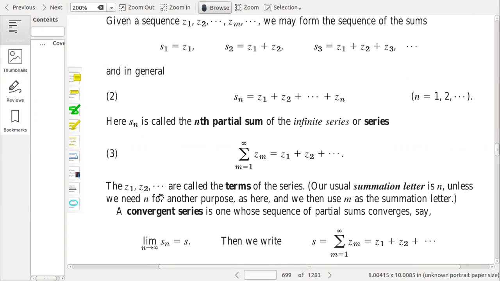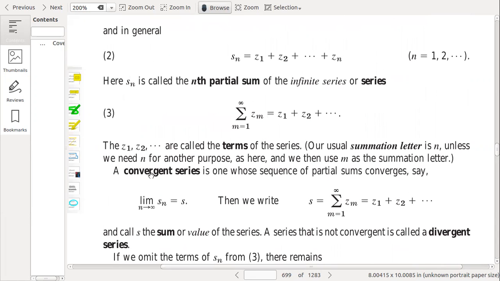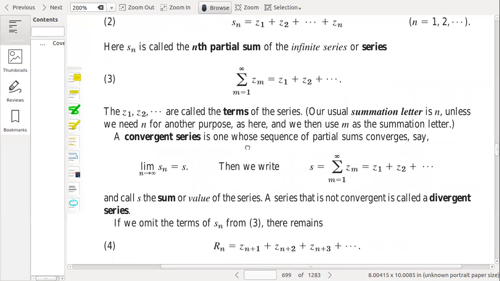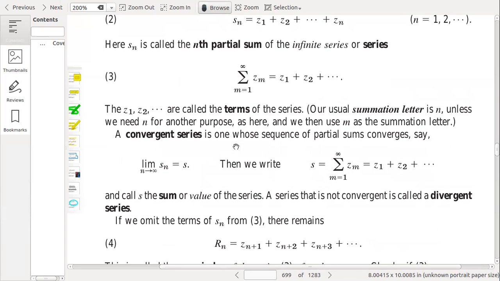The Z1, Z2 are called the terms of the series. Our usual summation letter is n unless we need n for another purpose, as here, and we then use m as the summation letter. A convergent series is one whose sequence of partial sums converges.